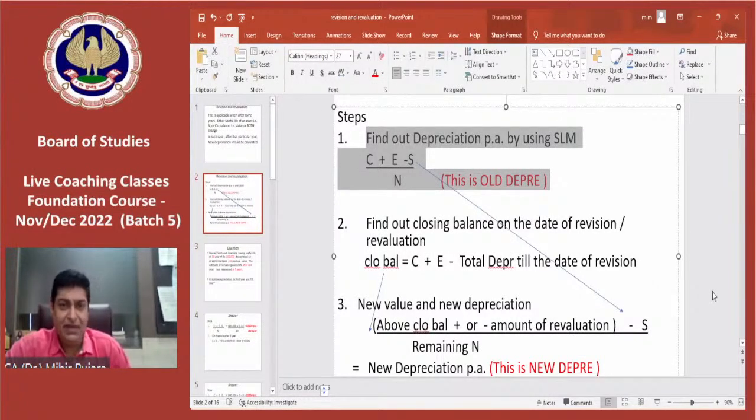The formula is C plus E minus S upon N. Guys, apply this formula and tell me what is the depreciation per annum. Be fast, guys. First step, tell me.